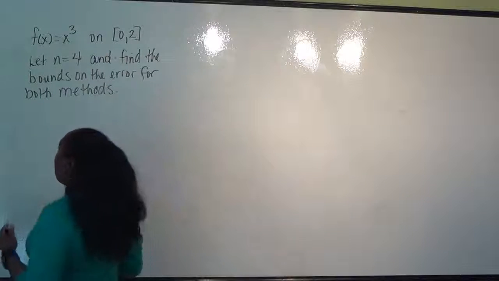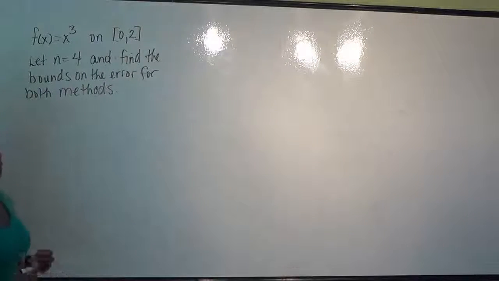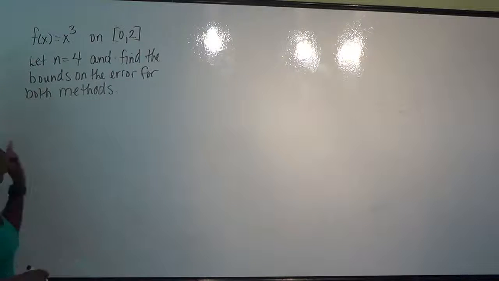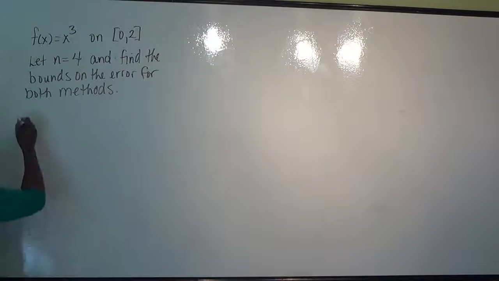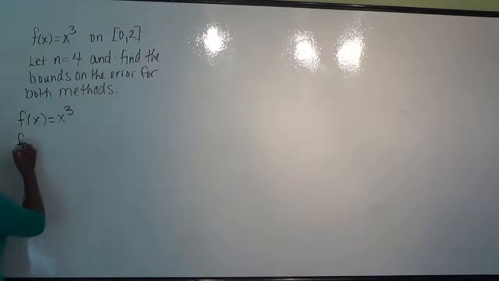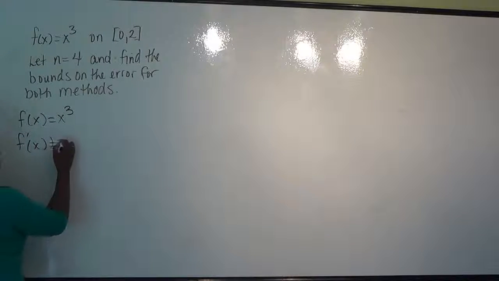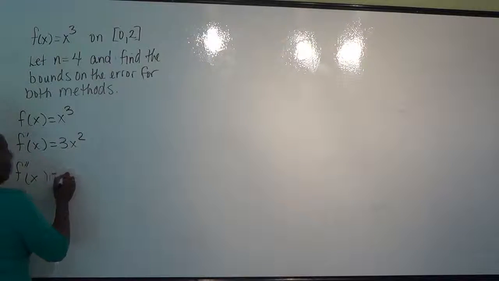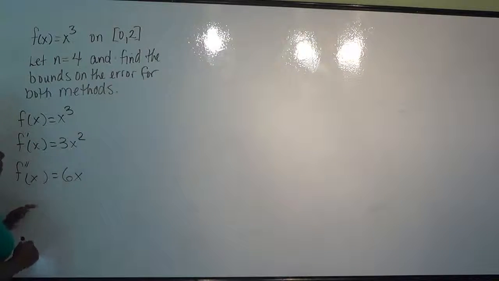The first thing I'm going to want to do is find my derivatives, because for Simpson's rule I need a fourth derivative, but to maximize that I actually need a fifth derivative. So I'm first going to just lay out my derivatives. If f of x is x cubed, then f prime is 3x squared, and f double prime is 6x.